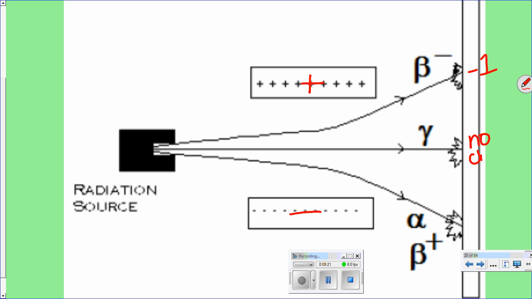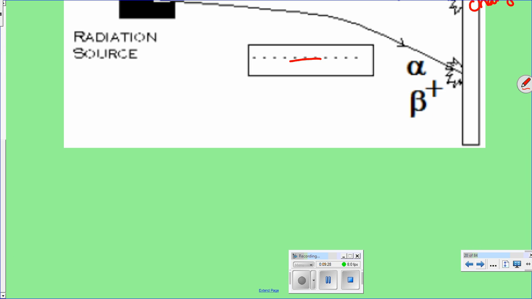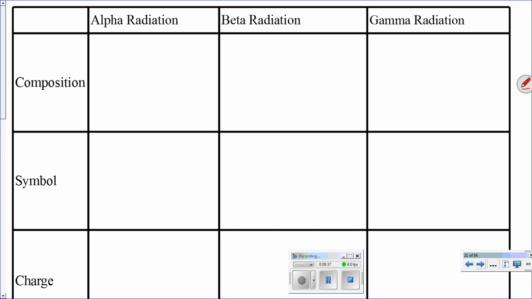Gamma has no charge. You have to actually be matter in order to have charge, and gamma rays are not matter. Alpha particles have a charge of +2, and positrons have a charge of +1, so they're being pulled toward that negative plate.